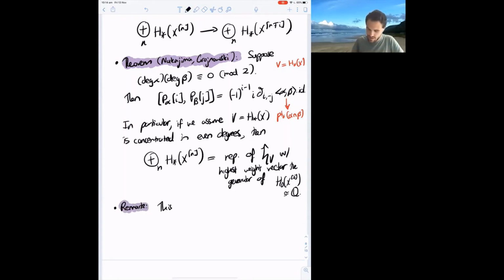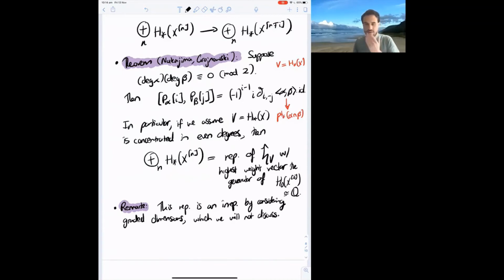This rep is an irrep by considering graded dimensions. This relies on parts of Nakajima's book, which I haven't looked at, so I'm not going to say anything more about it, but this is actually an irreducible representation.